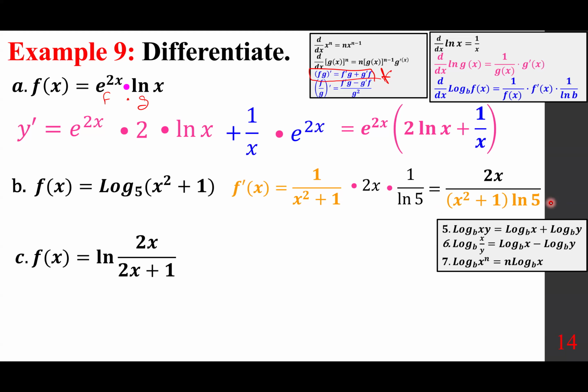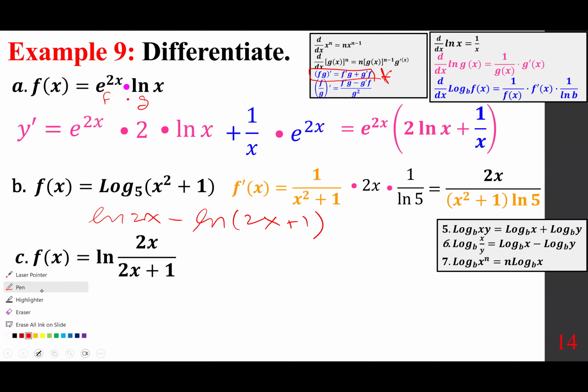Ln of 2x over 2x plus 1, you use the quotient rule, number 6 first, and again, you can do it in one shot. It becomes ln of 2x minus ln of 2x plus 1, and ln of 2x is, again, using the product rule, ln of 2 plus ln of x.